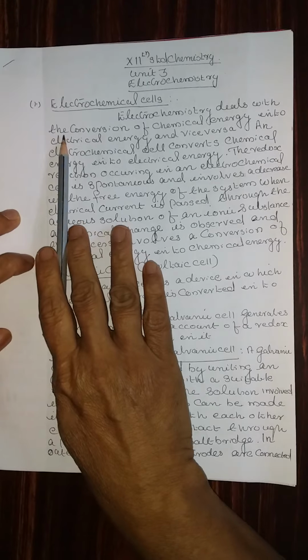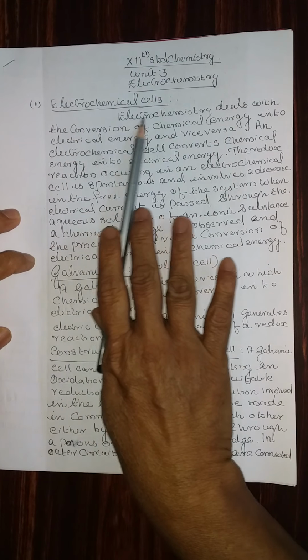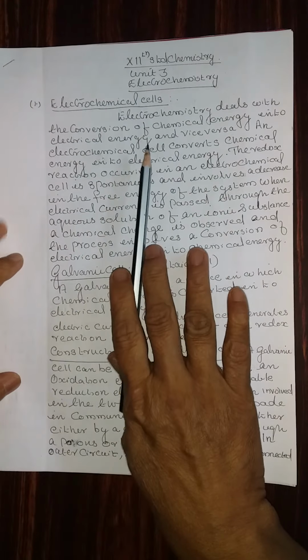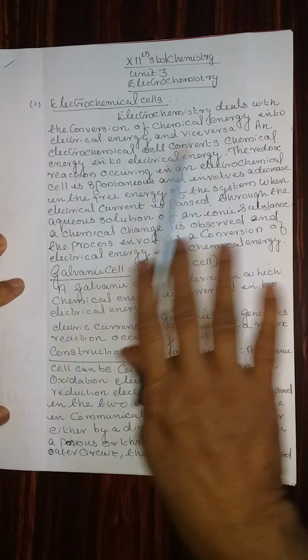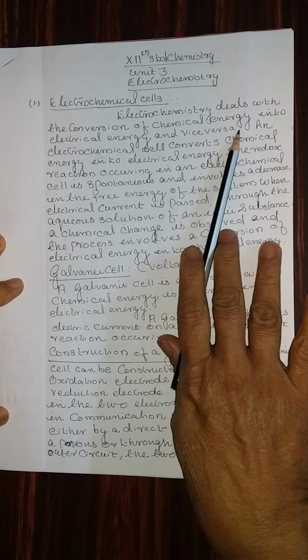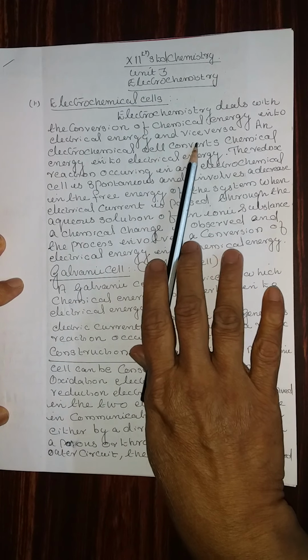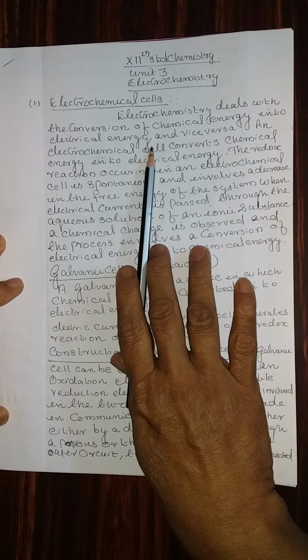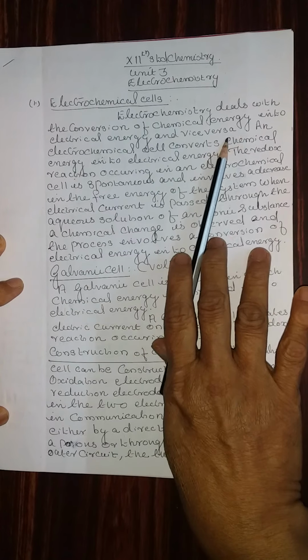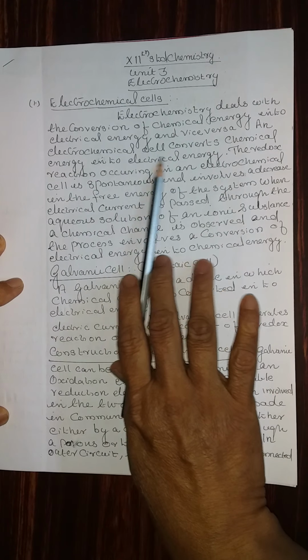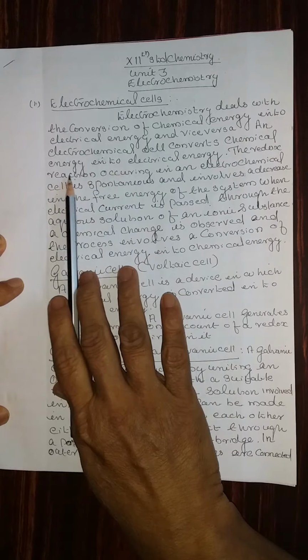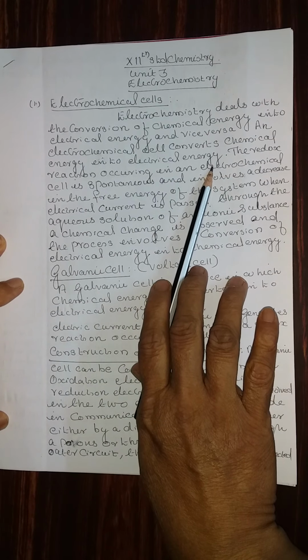Now, the first point in the syllabus is electrochemical cells. Electrochemistry deals with the conversion of chemical energy into electrical energy and vice versa. That is, electrical energy to chemical energy also. An electrochemical cell converts chemical energy into electrical energy.